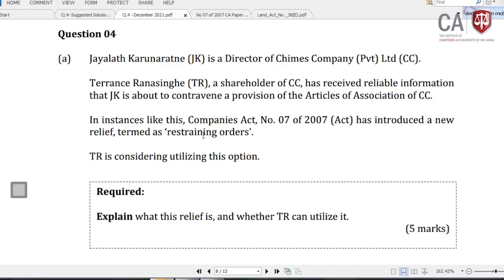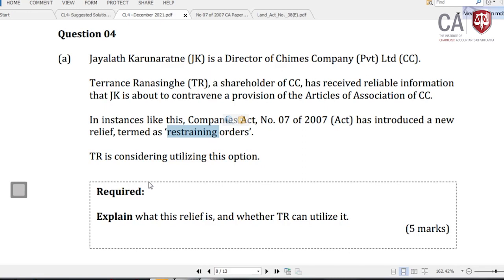In instances like this, the Companies Act number 7 of 2007 has introduced a new relief termed restraining orders. TR, the shareholder, is considering utilizing this option. Explain what this relief is and whether TR can utilize it.